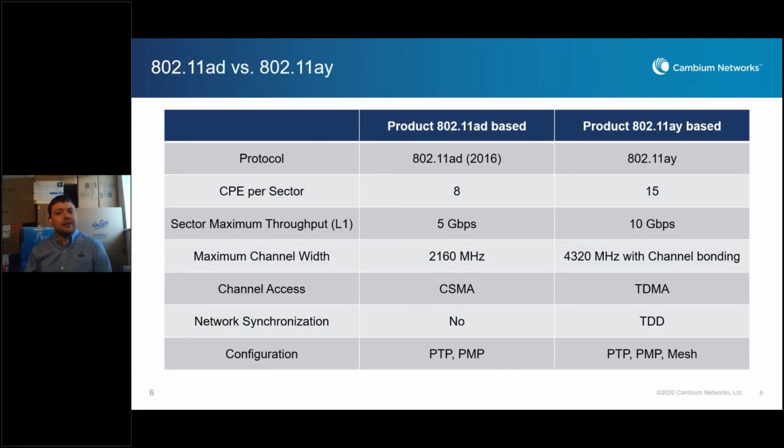So I mentioned 60 gigahertz started with 802.11ad, but what are the differences between .11ad and .11ay, and what is special and why now?